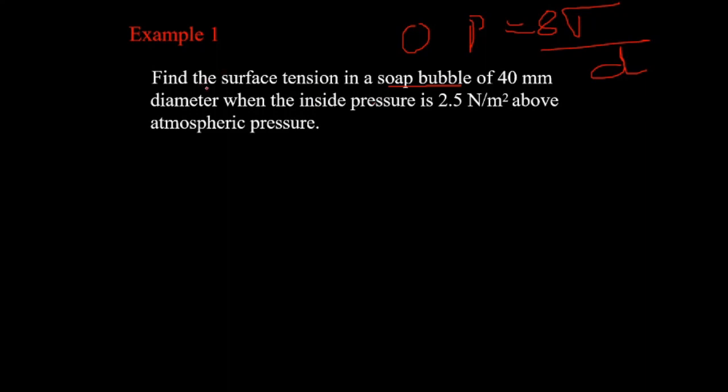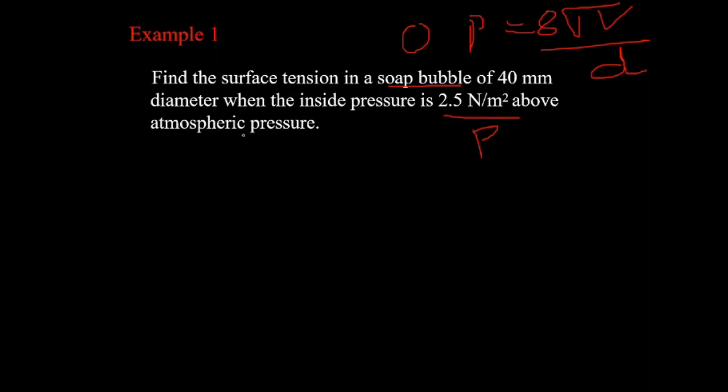We have to find the surface tension in a bubble of 40 mm diameter. So the diameter is given as 40 mm, and the inside pressure is given as 2.5 Newton per meter square above atmospheric pressure.